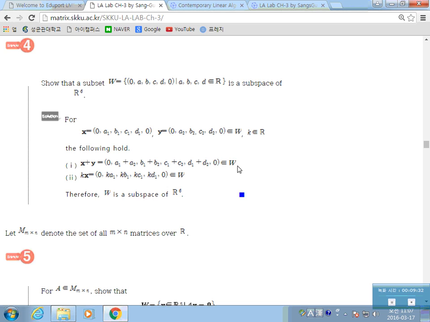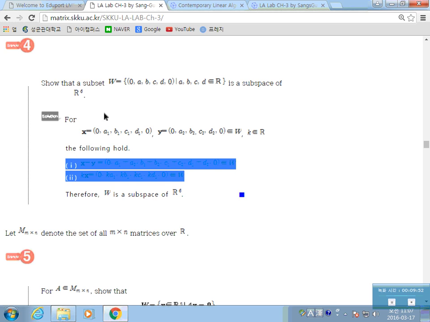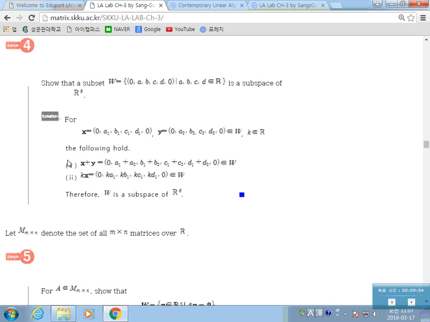Now you see this is in W. And multiply a scalar k to an arbitrary vector x, then kx satisfies this, and it is in W. So we found that W is closed under the vector addition and closed under the scalar multiplication. So it is a subspace.